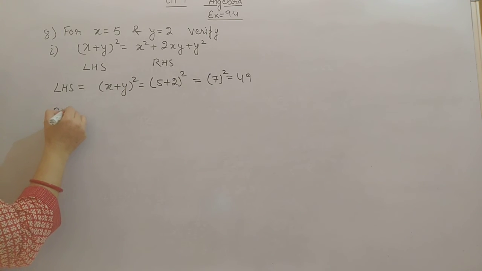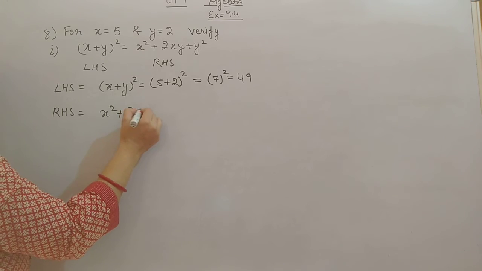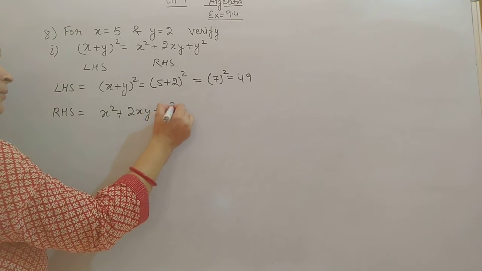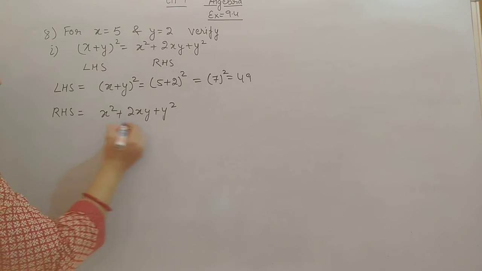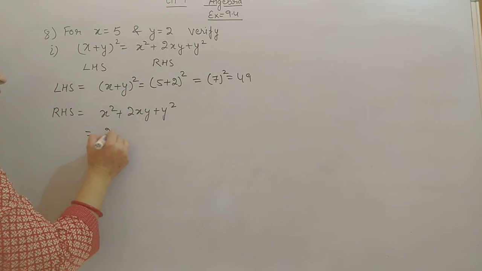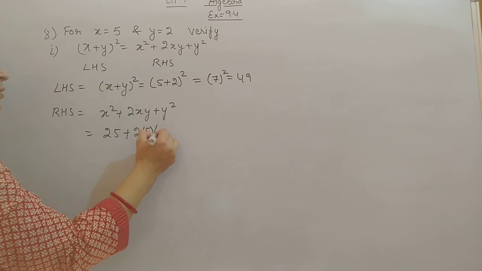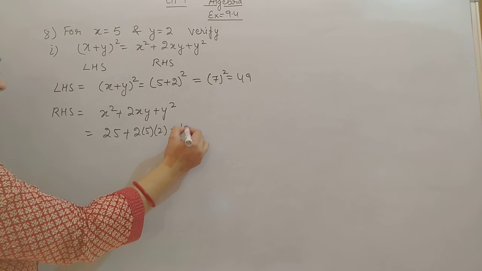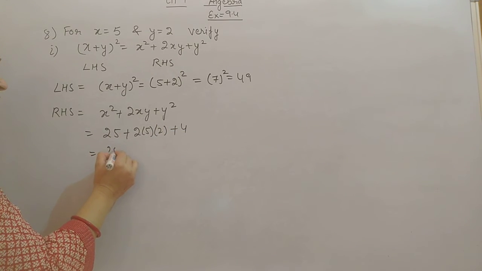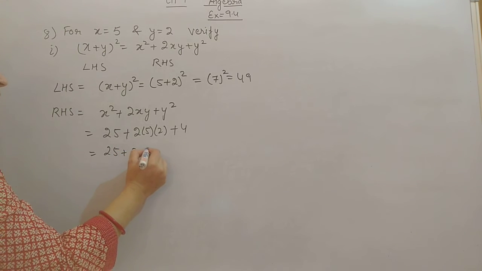Now right side we will calculate: x square plus 2xy plus y square. X square means x into x, 5 into 5 equal to 25, plus 2 into 5 into 2, plus y square means 2 into 2, 4. So 25 plus 2, 5, 10, plus 2, 20, plus 4.